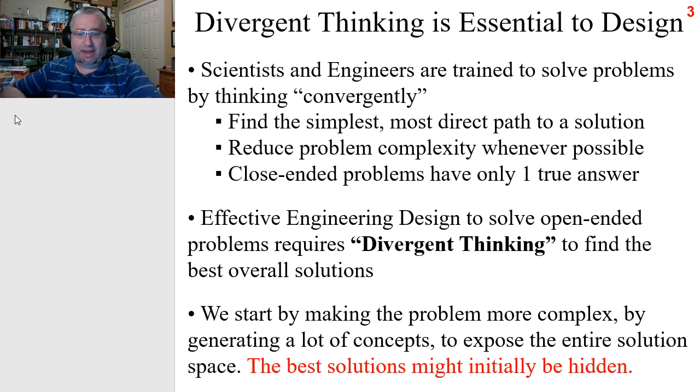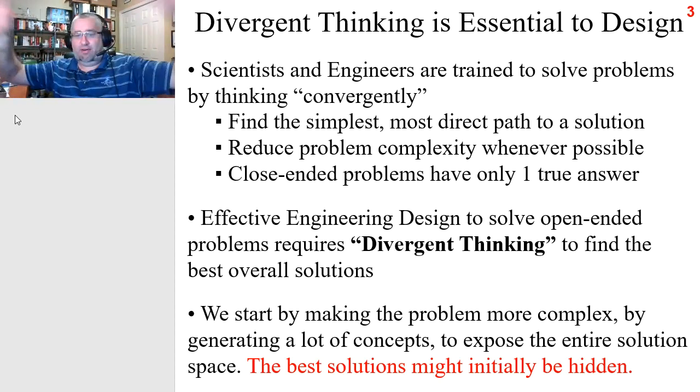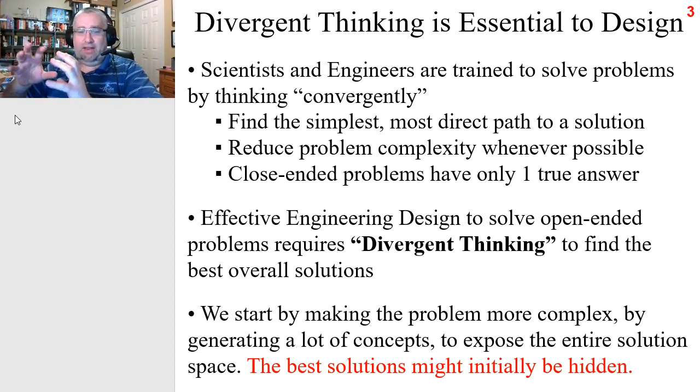And in divergent thinking, we go against everything that you've been trained to do to solve a problem as an engineering student, in that we start by making the problems more complex and generating a lot of concepts, right? So instead of going towards one solution, we go away from one solution to generate a lot of different possible solutions.